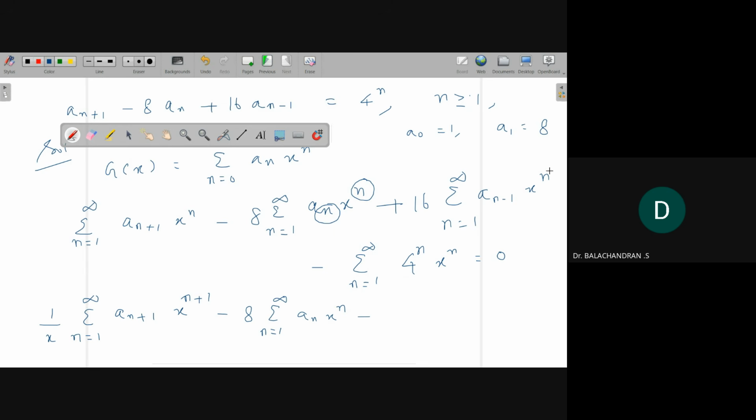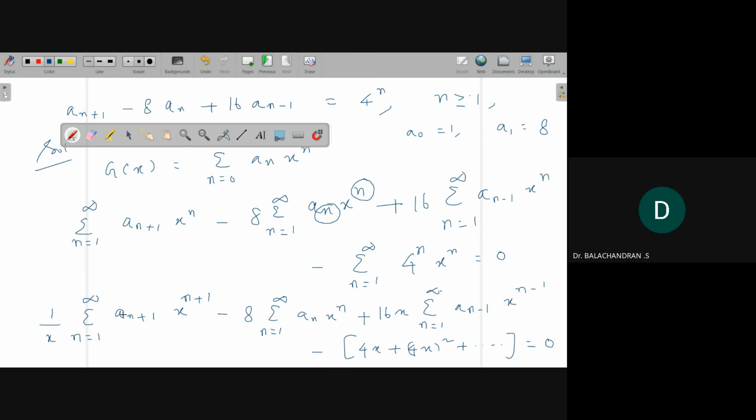This is n minus 1, so that's why I'll take x commonly here, plus 16x summation n equal to 1 to infinity a_{n-1} x power n minus 1, and then if you start from 1 now, 4x, and then 4x whole square, 4x whole cube, and so on, which is equal to 0.